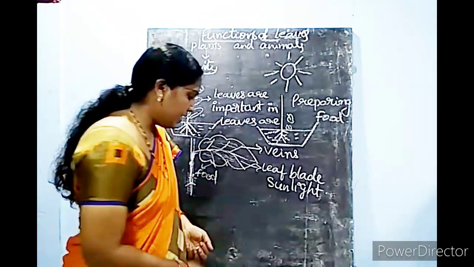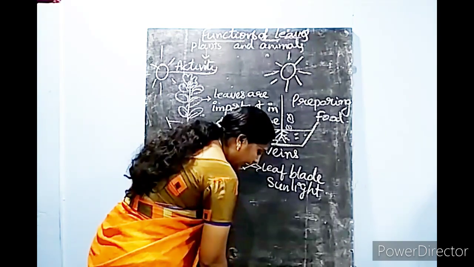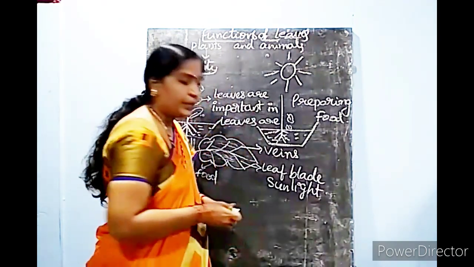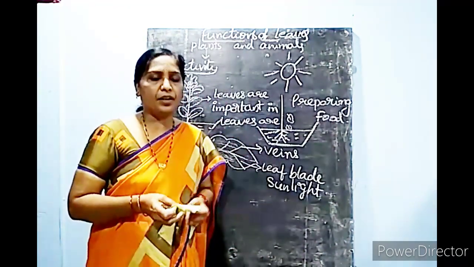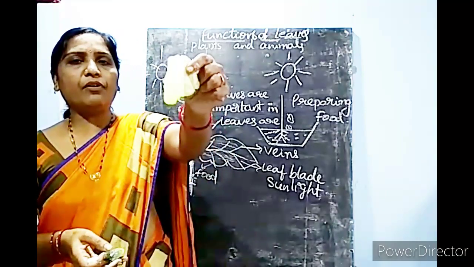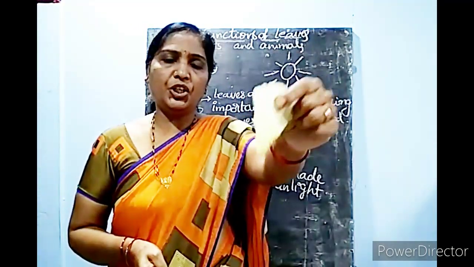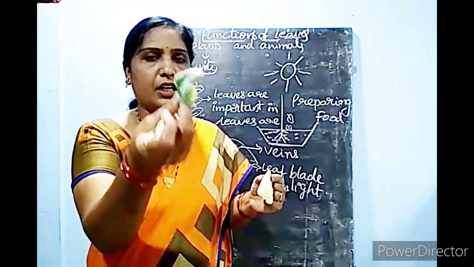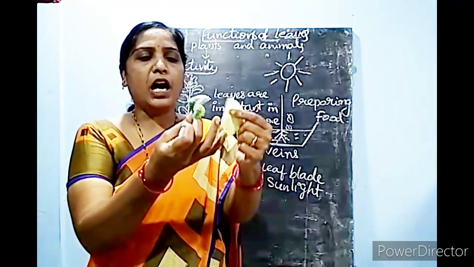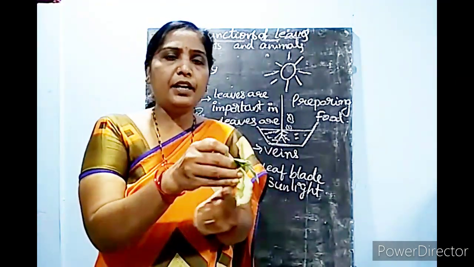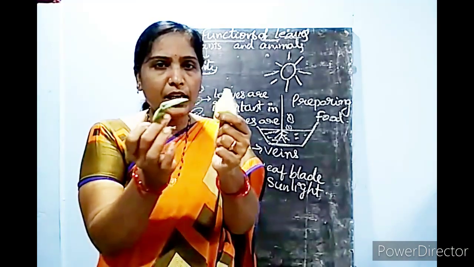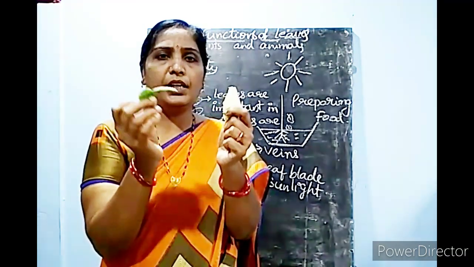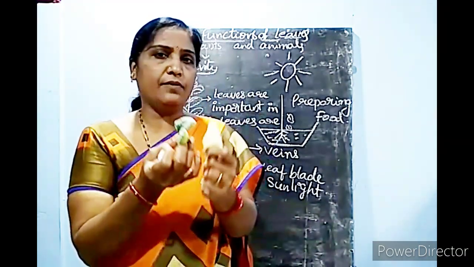Now we will see how these leaves are different from each other. Do they have any difference? See, this is the leaf of cabbage and these are the leaves of a rose plant. Are you finding any difference between these two leaves? This is also a leaf and these are also leaves.